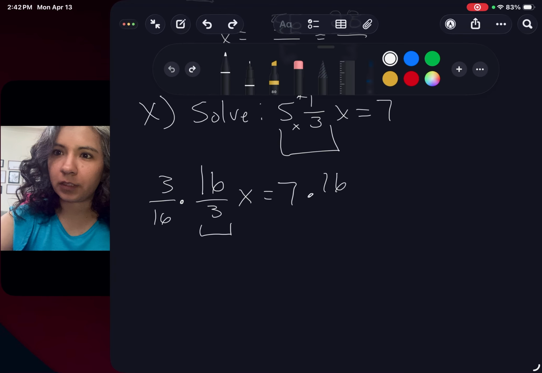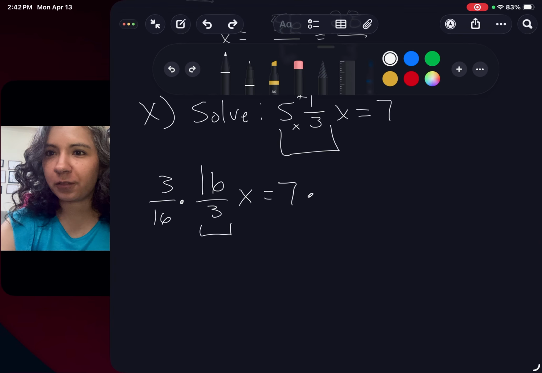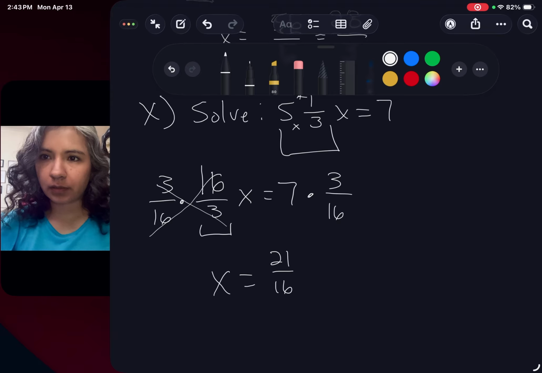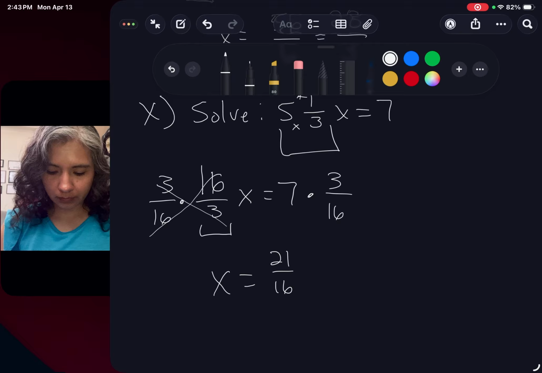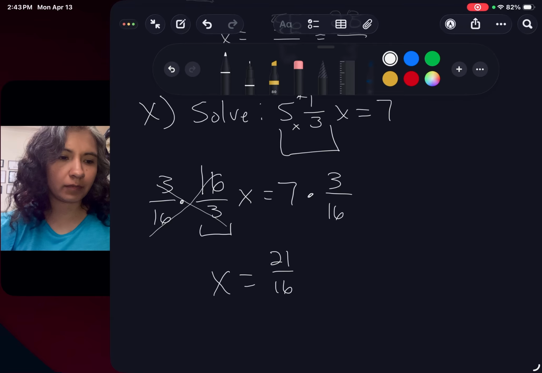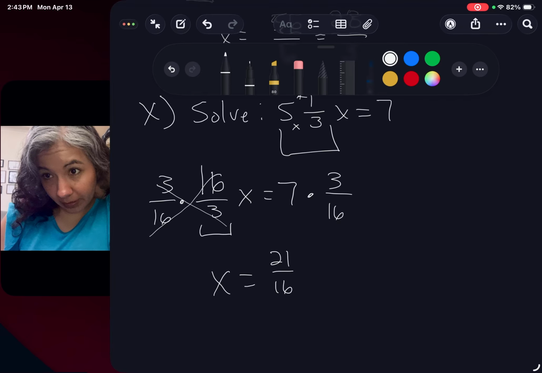Oops, I'm doing the original number. Okay, those cancel. 21/16. Does that break down? Nope. Okay, so that is the answer for x.